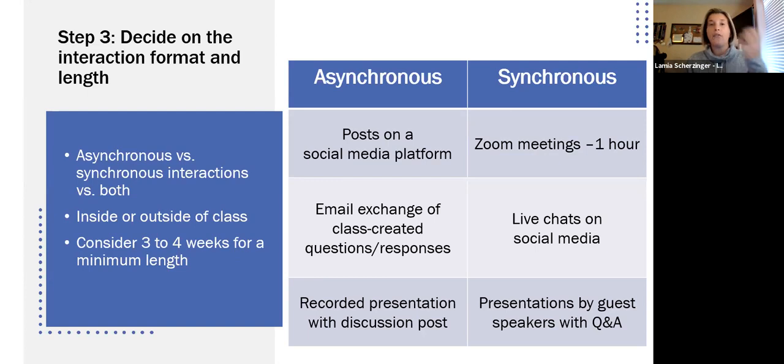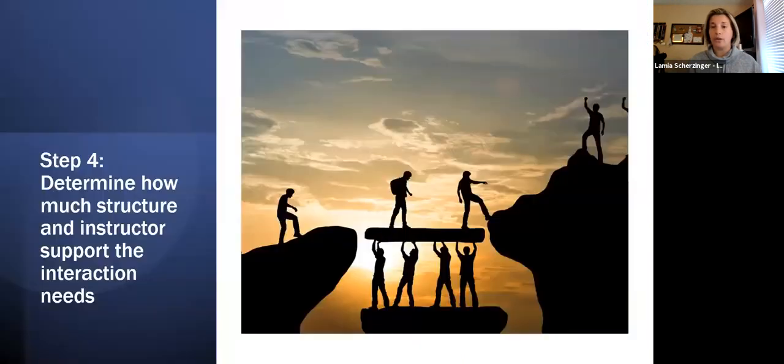Myself and the instructor for that course, she's allowed me to come into her course, use that course time to do things like these presentations, so that I can implement a synchronous section into this project. And that's worked really, really well. So you can kind of combine the two depending on where you're at and what your resources are.